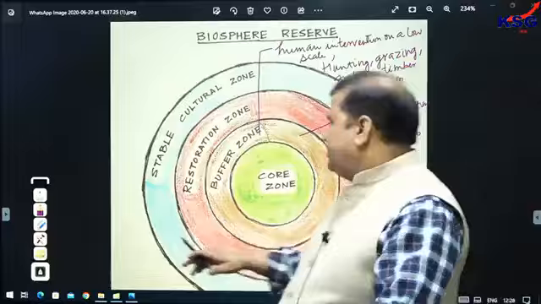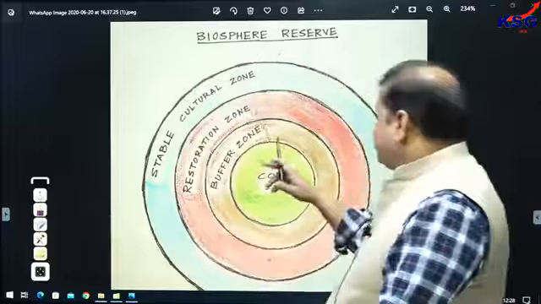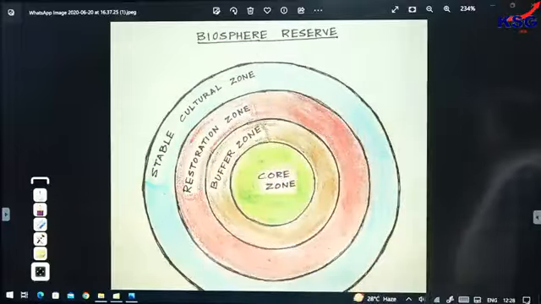Now, the next zone is referred to as the restoration zone.